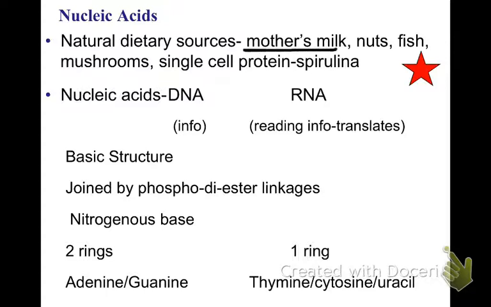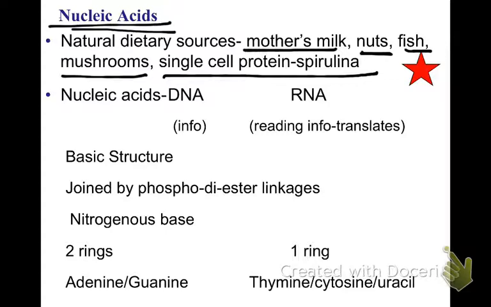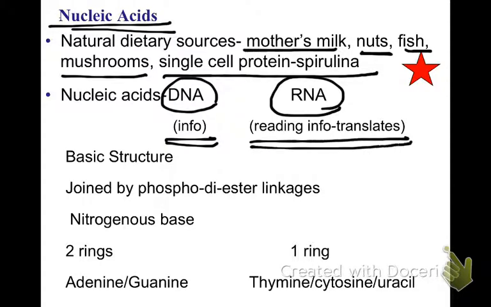One is mother's milk, some nuts, some fish, mushrooms, single cell protein. All of these are natural sources of nucleic acids. Best examples of nucleic acid are DNA and RNA. DNA is the source of information. RNA translates and makes sense out of that information.